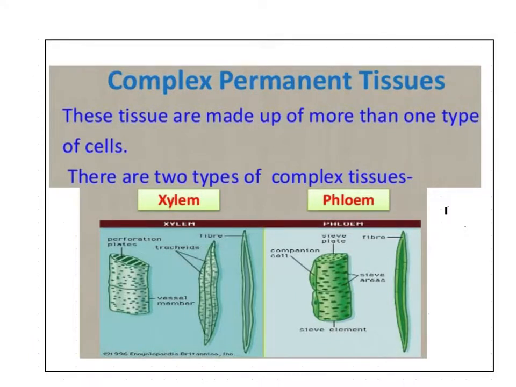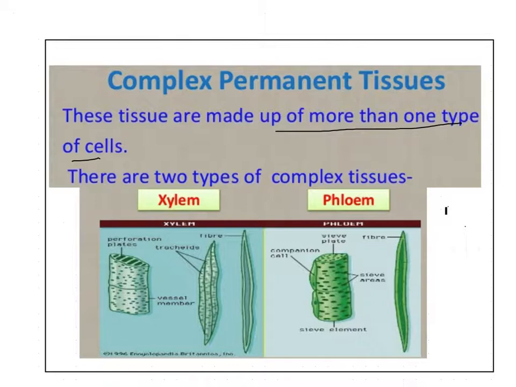Your complex permanent tissue is made up of different kinds of cells, or we can say more than one type of cells, and all cells have different functions.